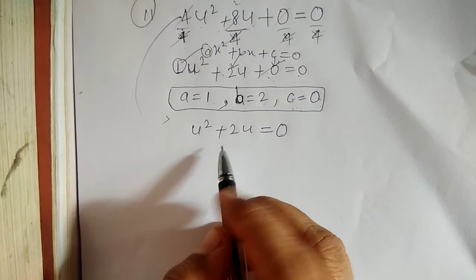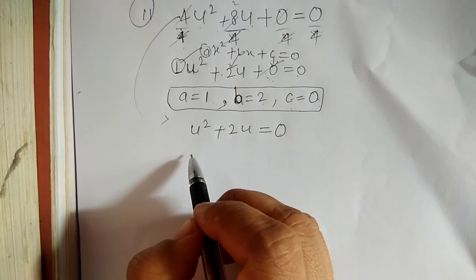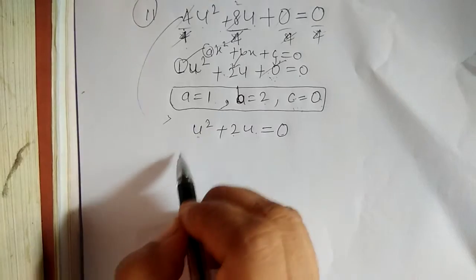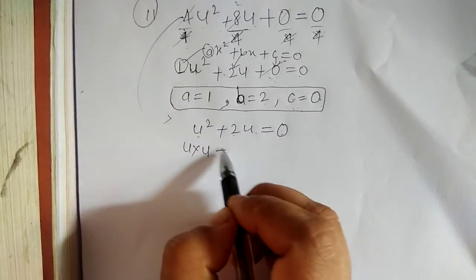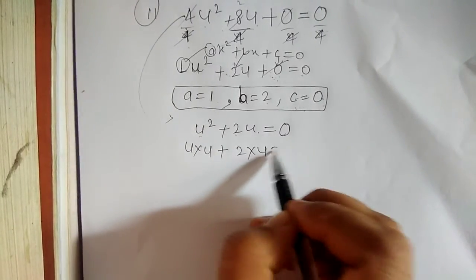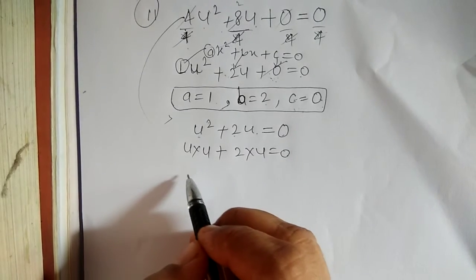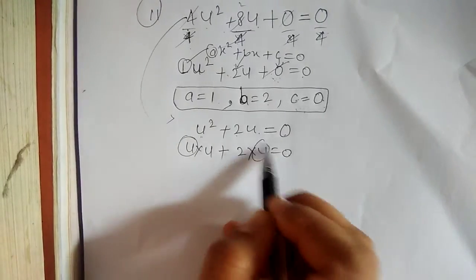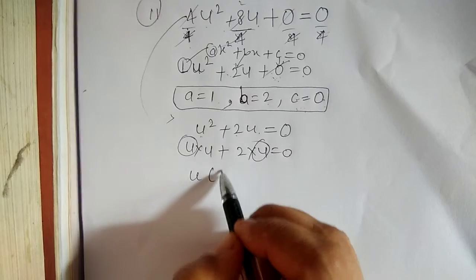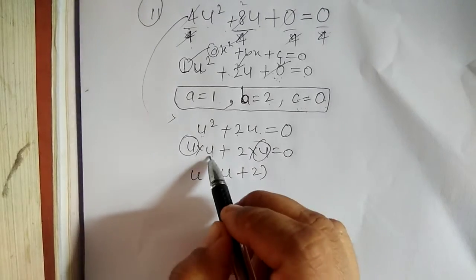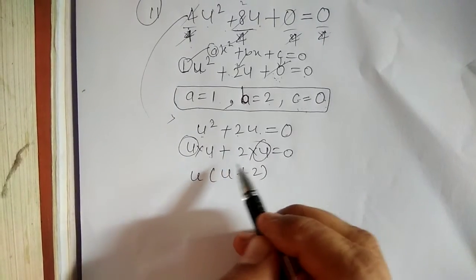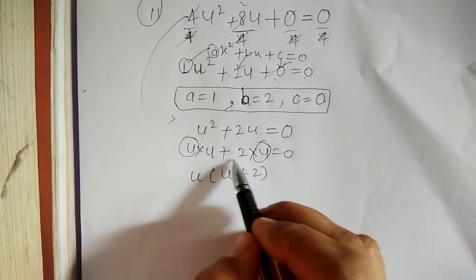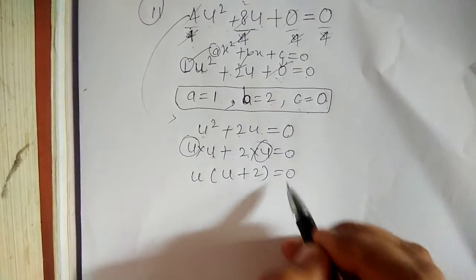Here, how to factorize this? I can take u common from this. U square means u into u, plus 2 into u, equal to 0. Then u common, and we get in the bracket u plus 2 equal to 0.